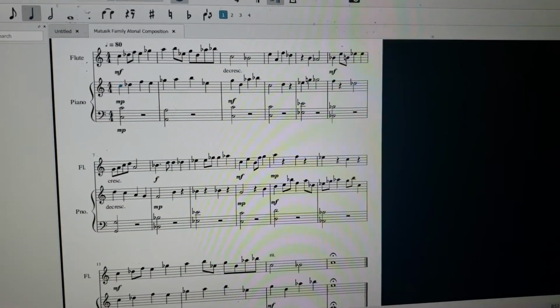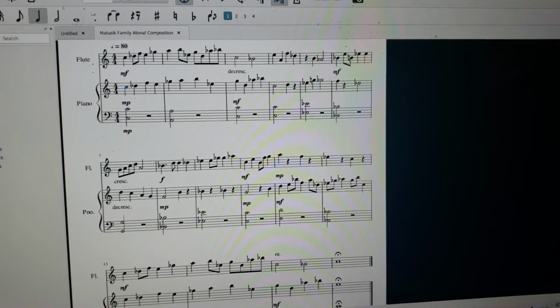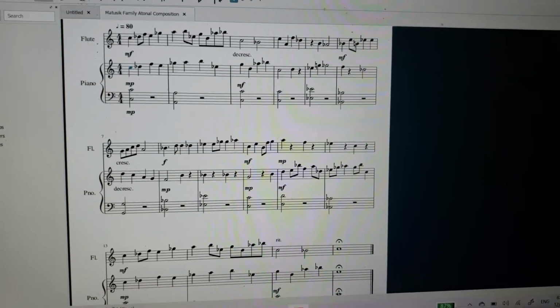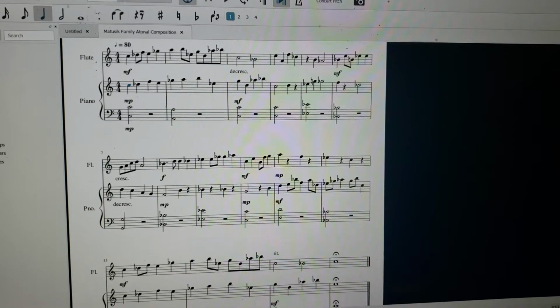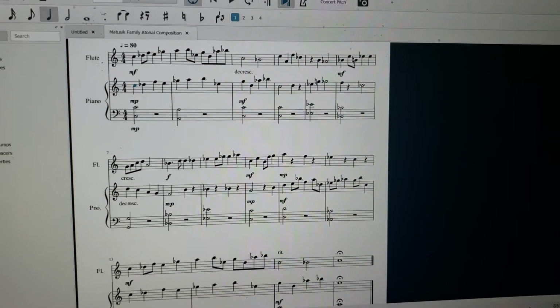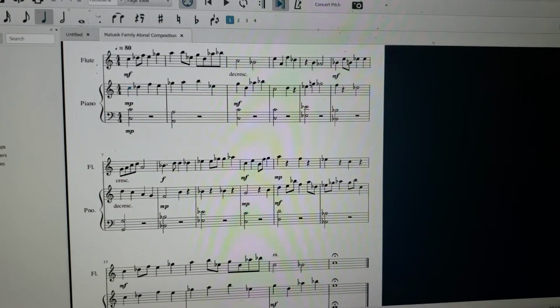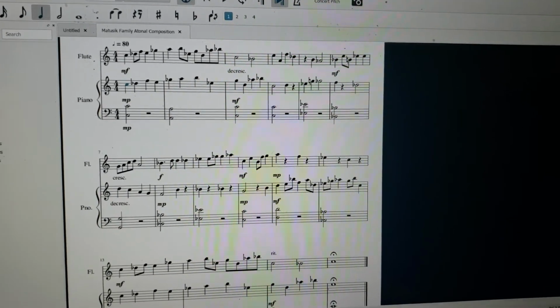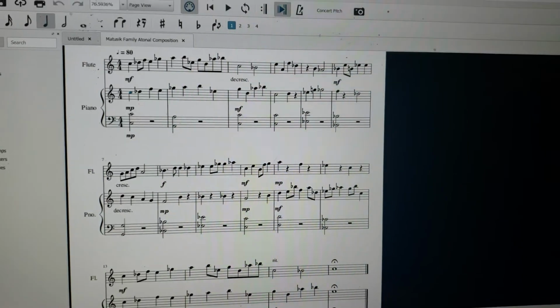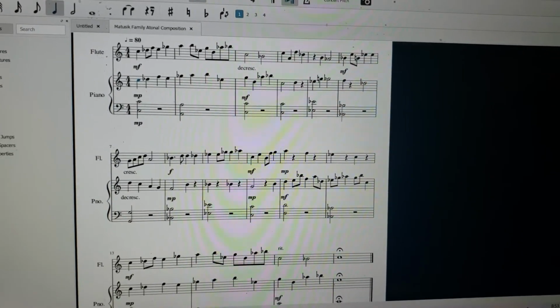Measures 3 to 5 are my row R2. The end of measure 5 until 7 are RI6. The end of measure 7 to 10 are P9.